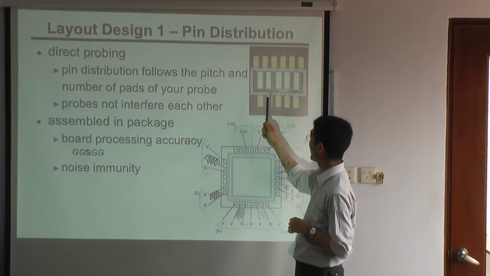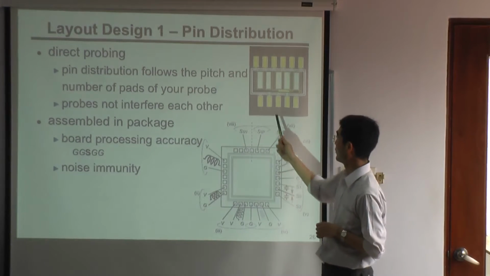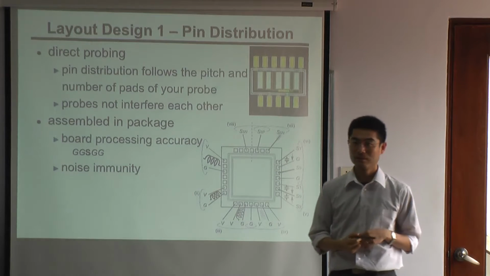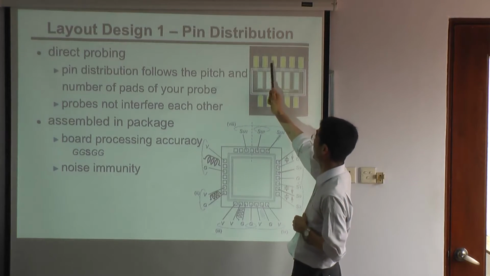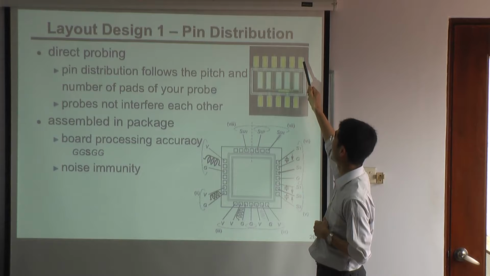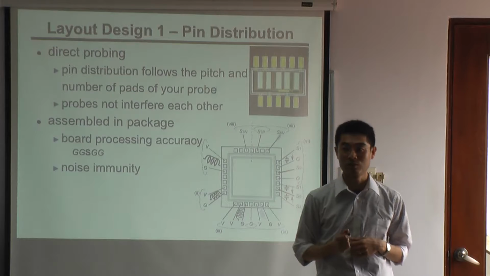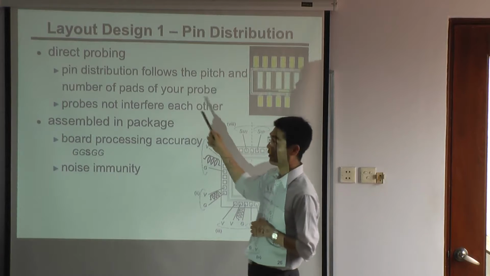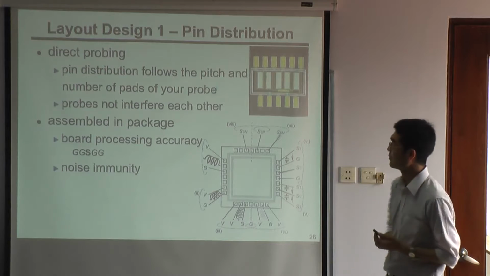So I put 5 pads with 100 micron pitch, and we use these for high-speed signals and decrease our ground inside of the circuit. And these are the slow speed probes, with the power supply as well as slow control signals. So for direct probing, the pin distributions are decided by what kind of probe you have.